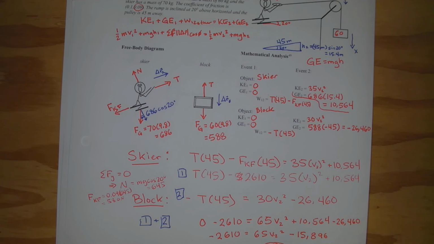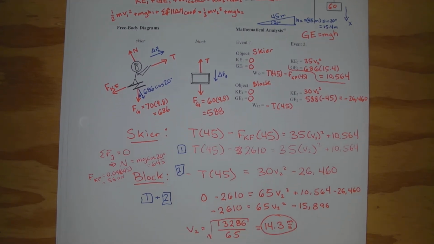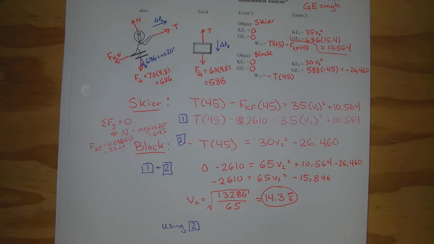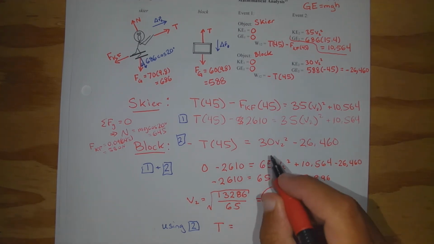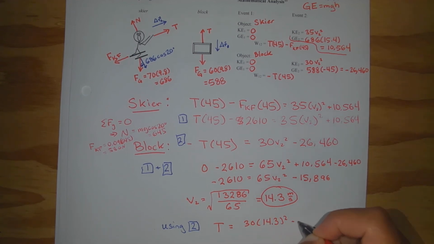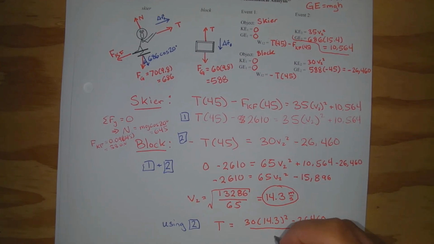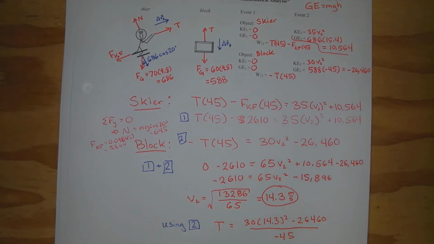And I can also go back to either equation 1 or equation 2 to find the tension. Let's use equation 2. While we are here, let's divide both sides by negative 45, and then we'll have T is equal to 30 times V2 squared minus 26,460 divided by negative 45.